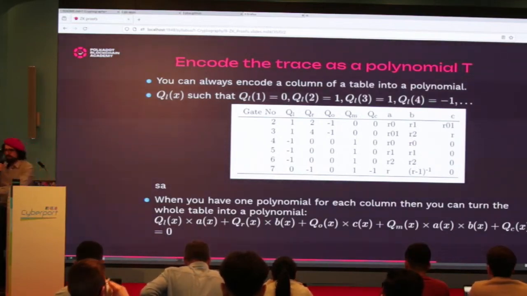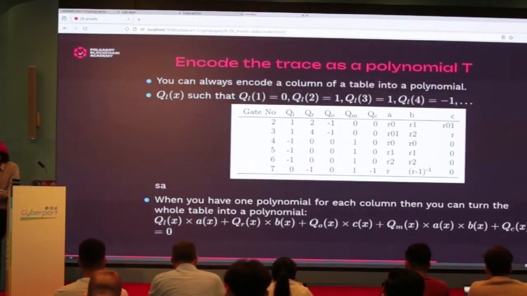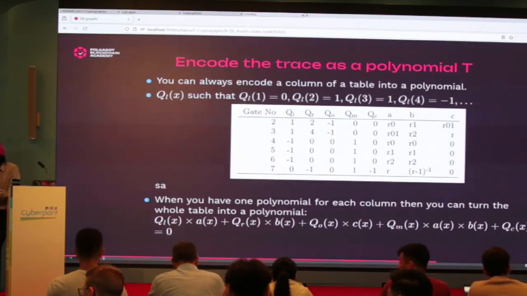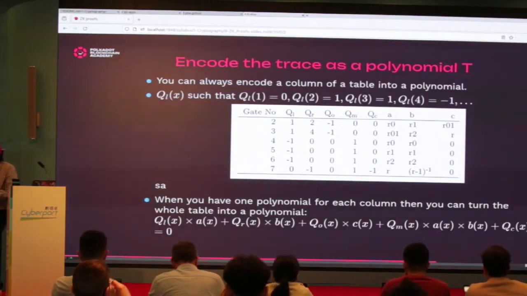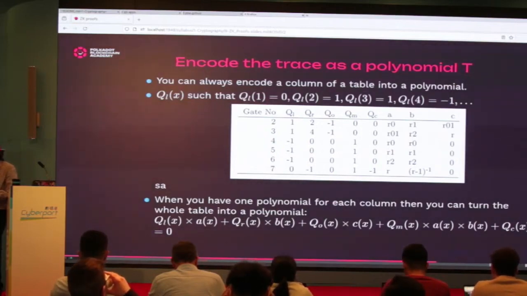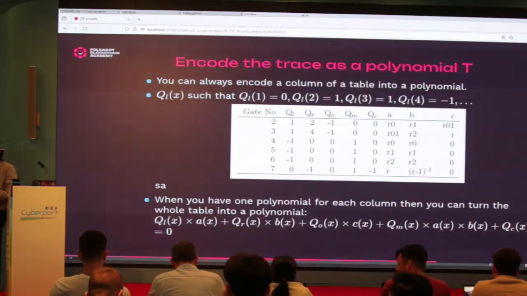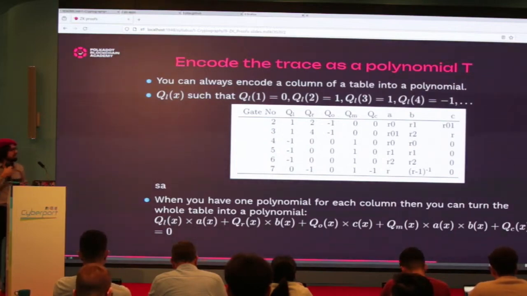Yes, Mauricio. So in the table there for gates, for example QL and QR and QO and QM, one thing is we are using Lagrange interpolation, but then we don't have the mapping. If you take, say, QL and input a value, it yields 0 as the first row of the table, and the second the same.